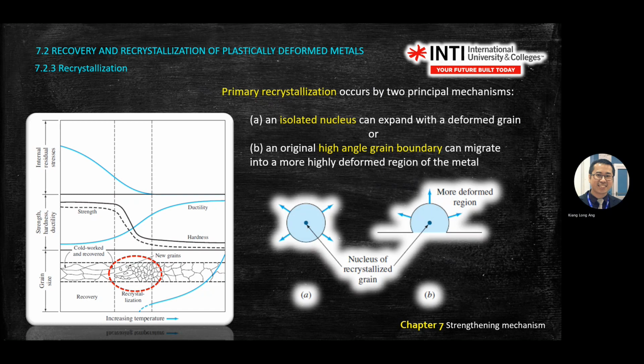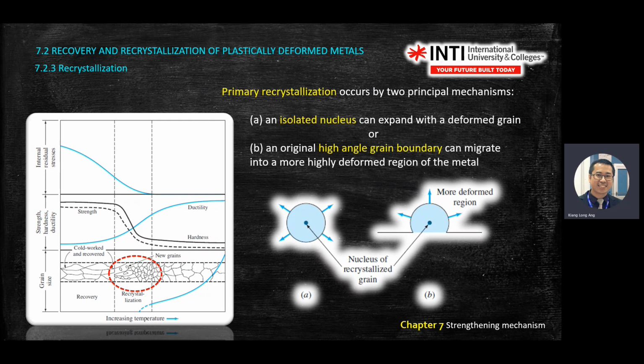Okay. Primary recrystallization has two mechanisms, which means there are two ways of making this recrystallization process happen. First, isolated nucleus: they expand from a deformed grain, or original high angle grain boundaries can move, migrate into a more highly deformed region of the metals.